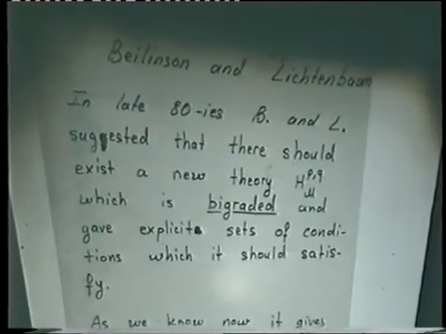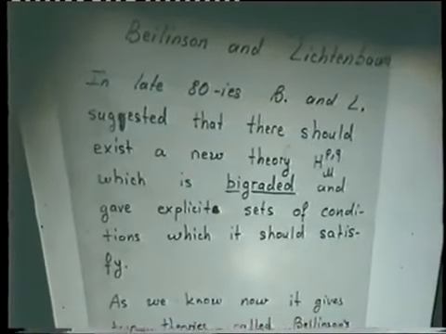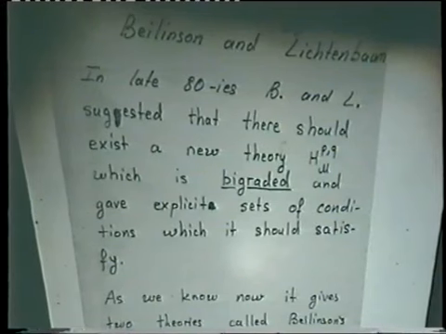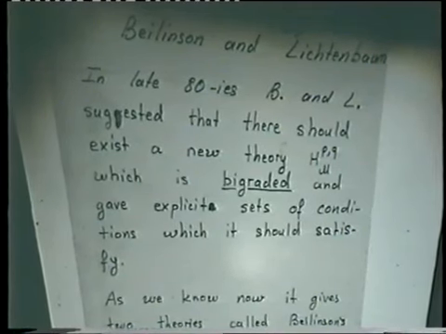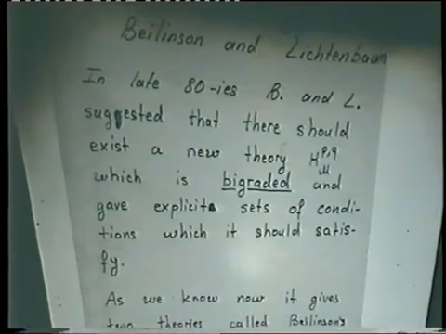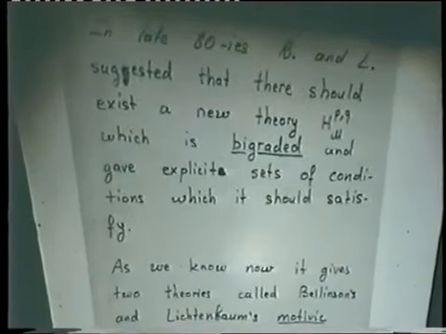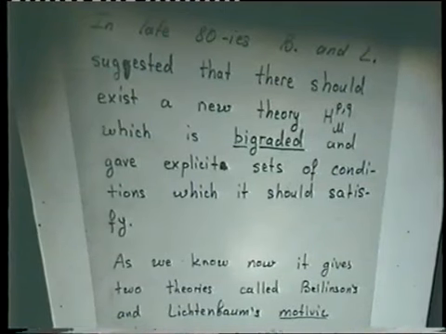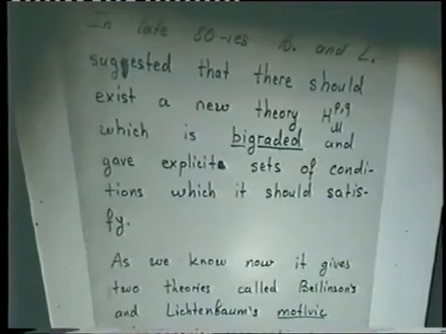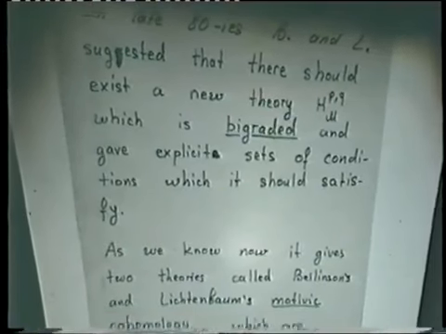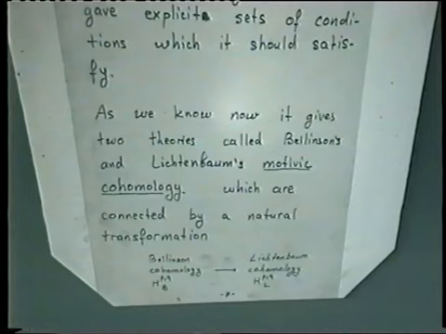One was suggested by Beilinson and another one by Lichtenbaum. They were very similar, but somewhat differed. And as we now understand very well, they do in fact describe two different motivic cohomology theories, which come together with a natural transformation going from the Beilinson to the Lichtenbaum.